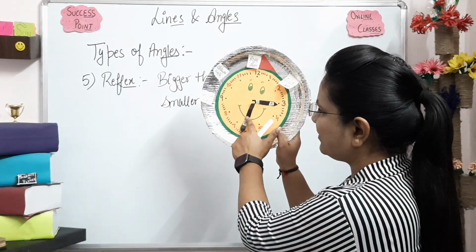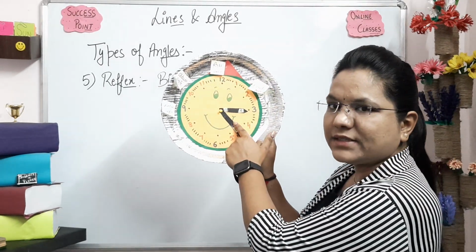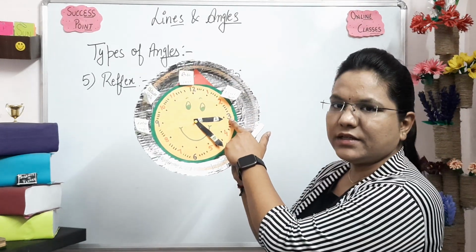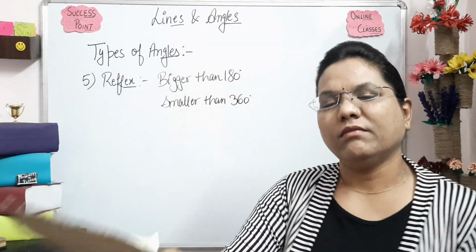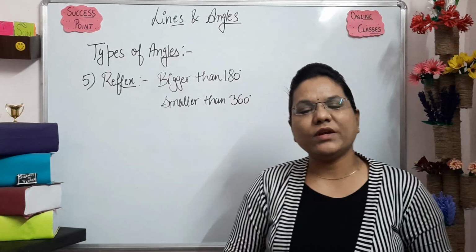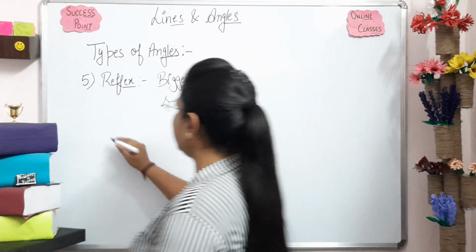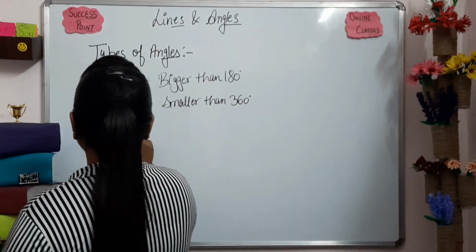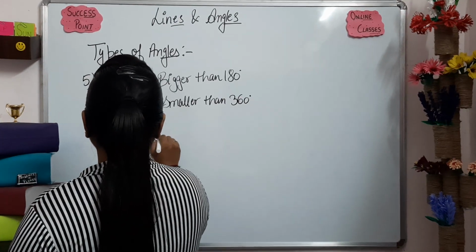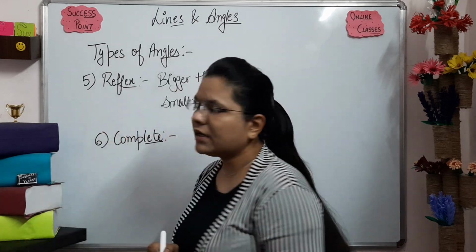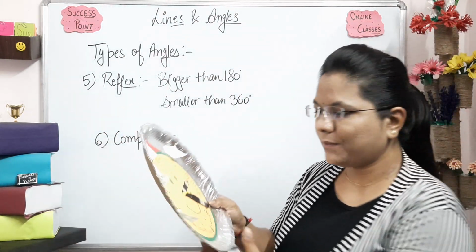That means if we get a value more than 180, more than straight angle, all these angles we will call reflex angle, but less than this one. So what is this angle? We will discuss after that. So moving to the next type of angle, that is complete angle. So how to form a complete angle?